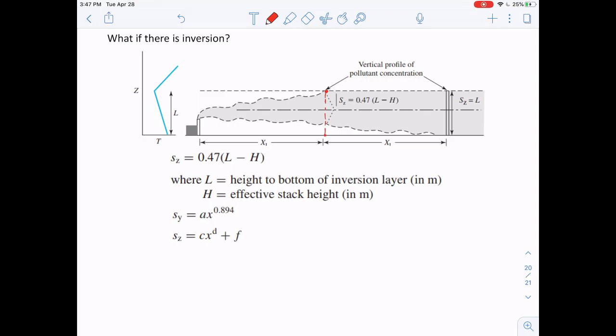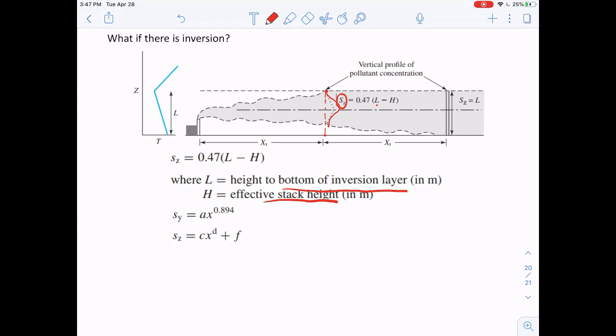That can be calculated by first finding the standard deviation in the Z direction. This is the dispersion in the Z direction, which is calculated by 0.47 multiplied by the height of the inversion layer minus the effective stack height.